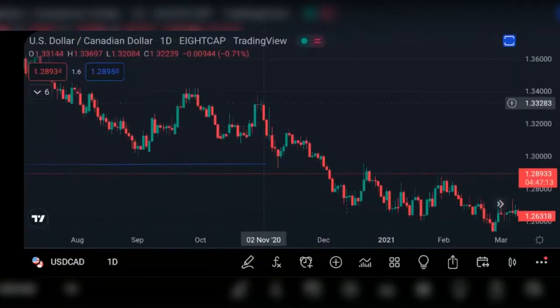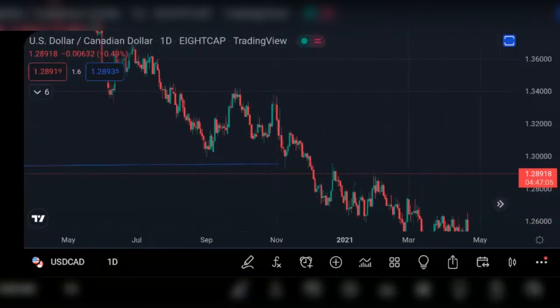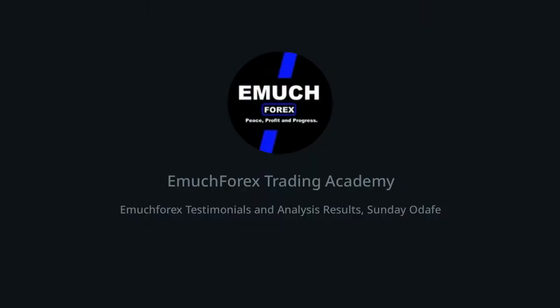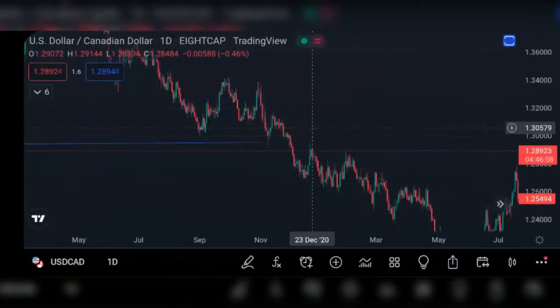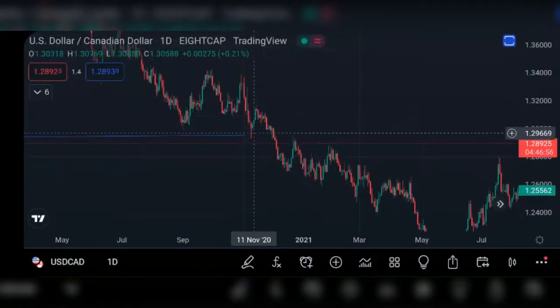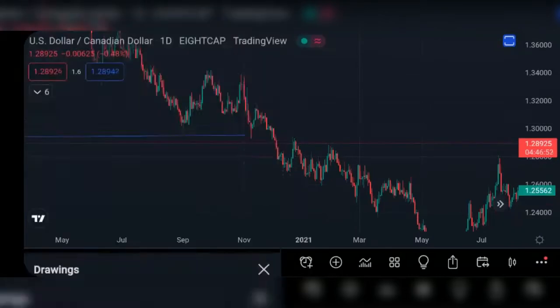There is no imbalance here. This candle wicked back into the imbalance that was sitting here before. The only place having an imbalance soon after the break of structure is this point.